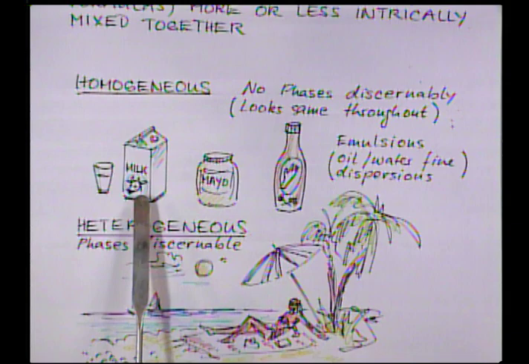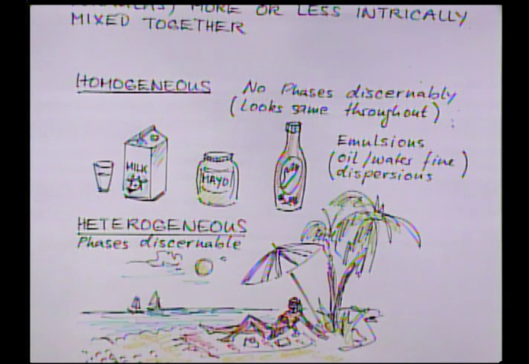So homogeneous mixtures are in our environment, in our food cupboard, for instance, in our refrigerator. And here we have a milk carton. Milk is a mixture of many chemicals: fats, water, proteins, minerals, vitamins, and often hormones, which are artificially put in there.